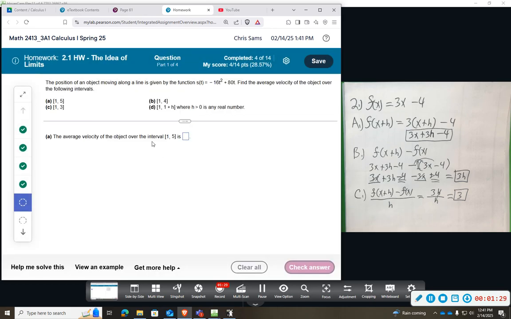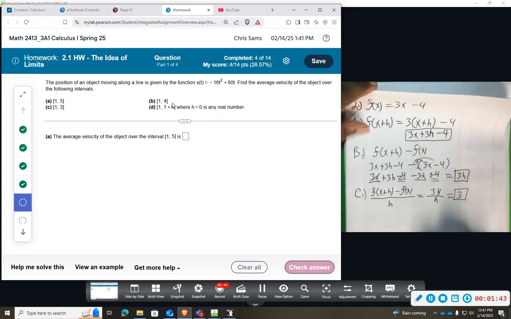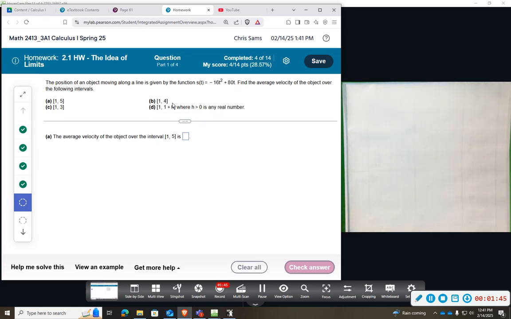All right, we'll go ahead and do number 5 as well. Number 5 says we're going to track the position of an object that's moving along a line given by this equation S of T. We're going to find the average velocity over the following intervals. So we're going to simplify this part and then work out each part.